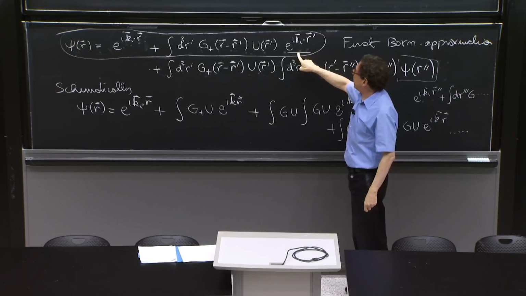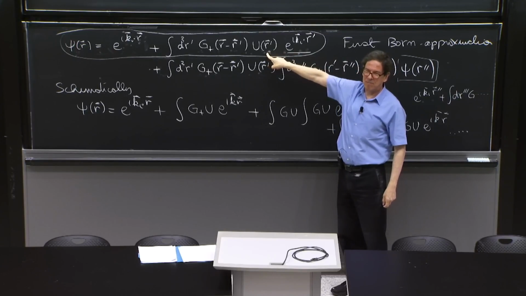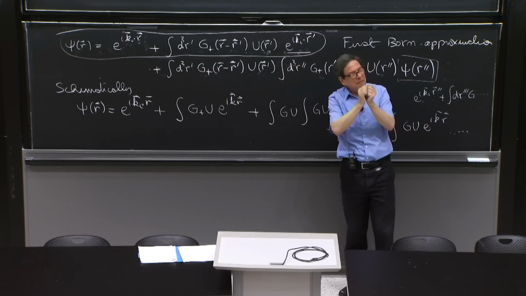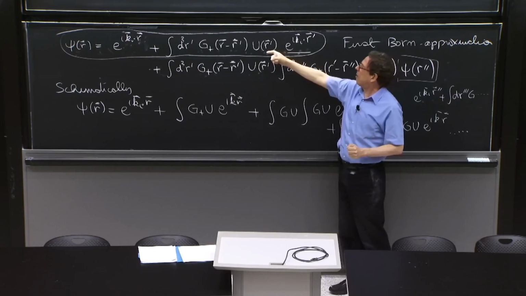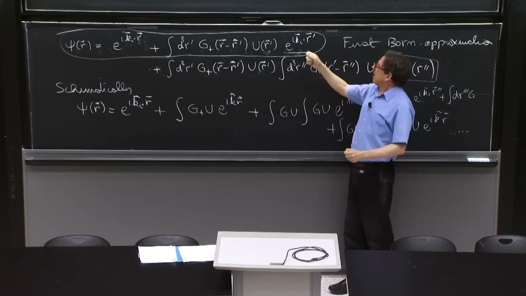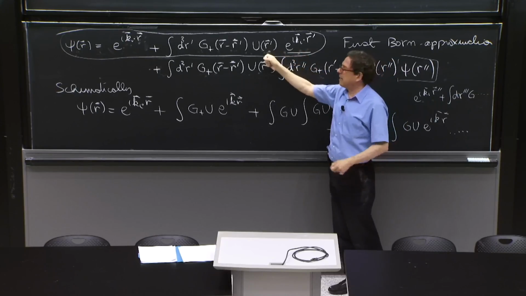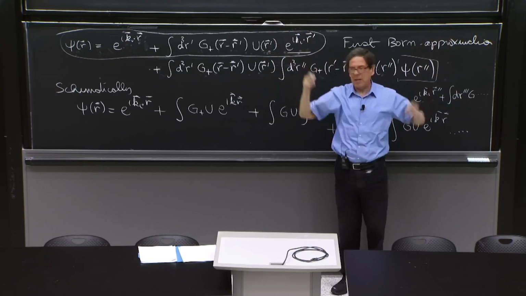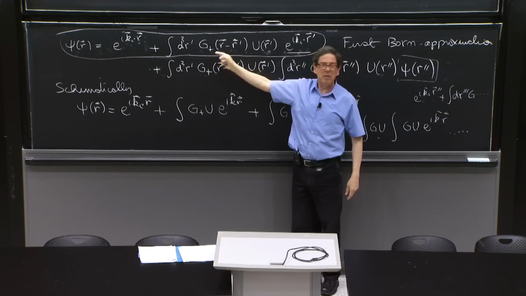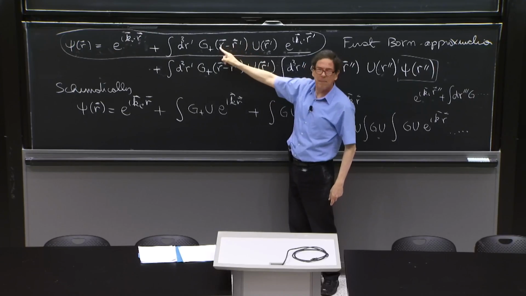And this wave was shaken by the potential and created a source, as if the potential at R prime was a medium. The wave reached R prime, shook the potential, and then a wave appeared that was propagated by the propagator, the Green's function. It took it from R prime, it took it to R.